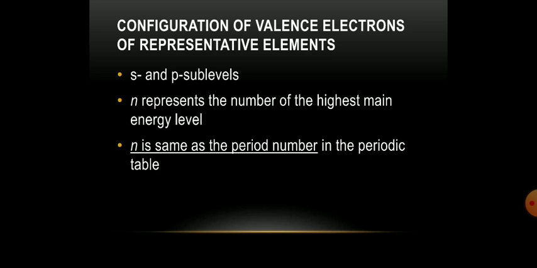Configuration of valence electrons of representative elements: S and P sublevels, or you can say subshells. N represents the number of the highest main energy level, and N is the same as the period number in the periodic table.